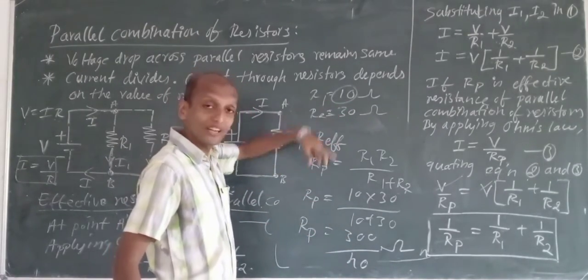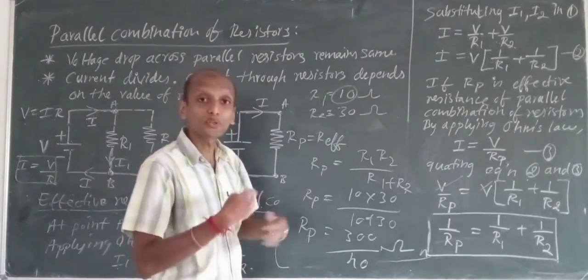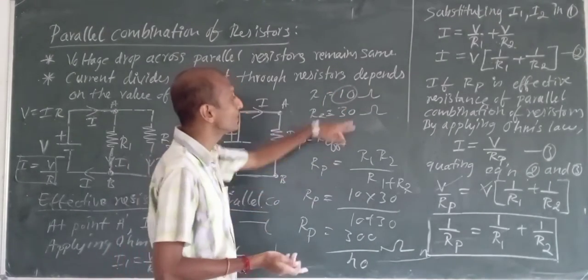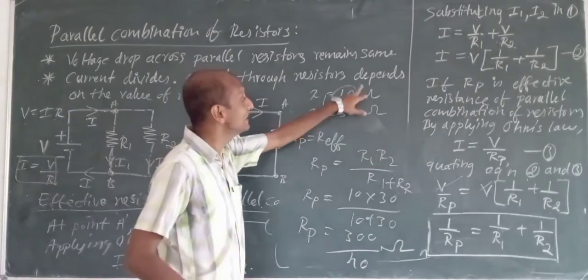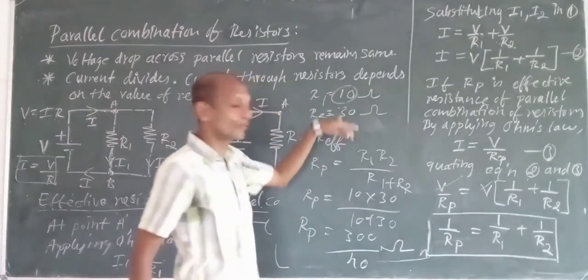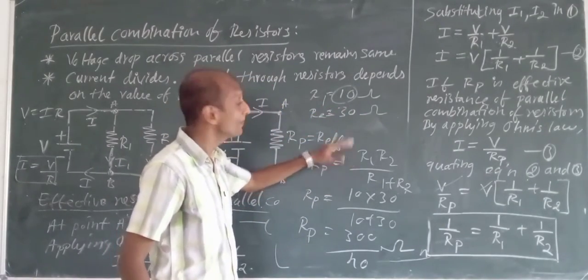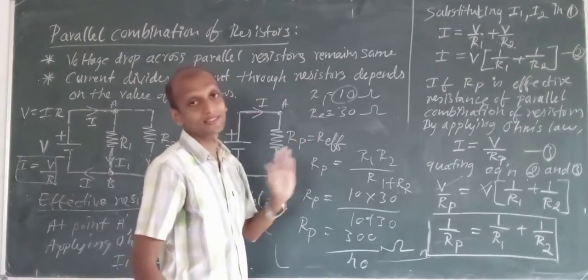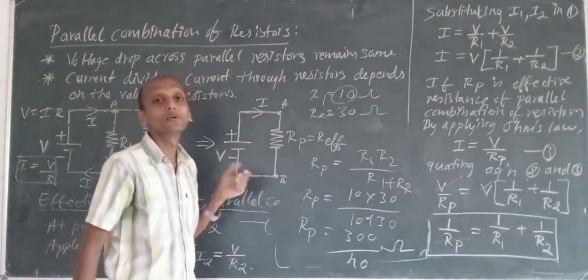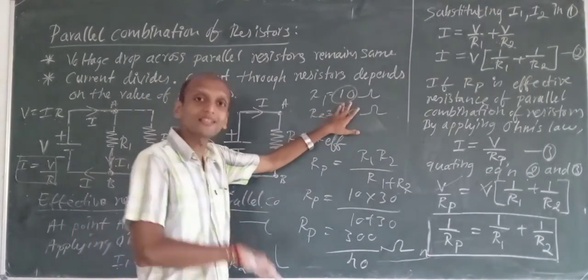When two resistors are connected in parallel, the total or effective resistance will be less than the least resistance value in the parallel combination. The total resistance will come out lesser than the least resistance.